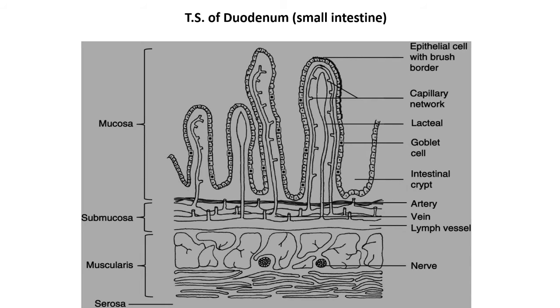Then mucosa and submucosa are again dense with glands such as crypts of Lieberkühn, goblet cells, and epithelial cells, and they are directly connected with villi, the finger-like structures, and come in direct contact with the food. That is why these glands secrete their secretion into the intestine, so complete digestion of food takes place.